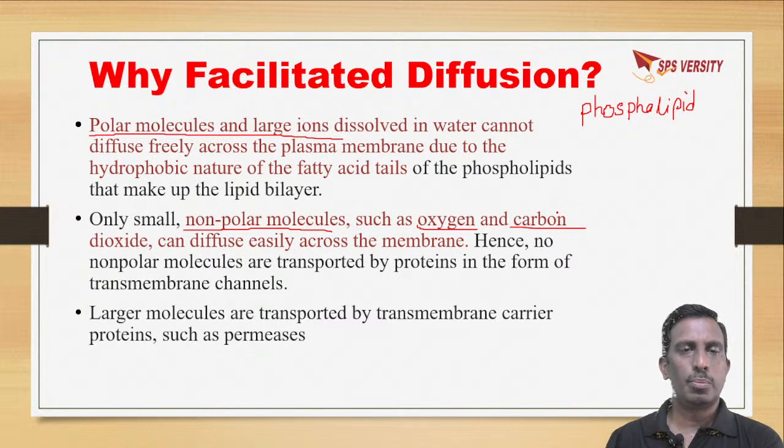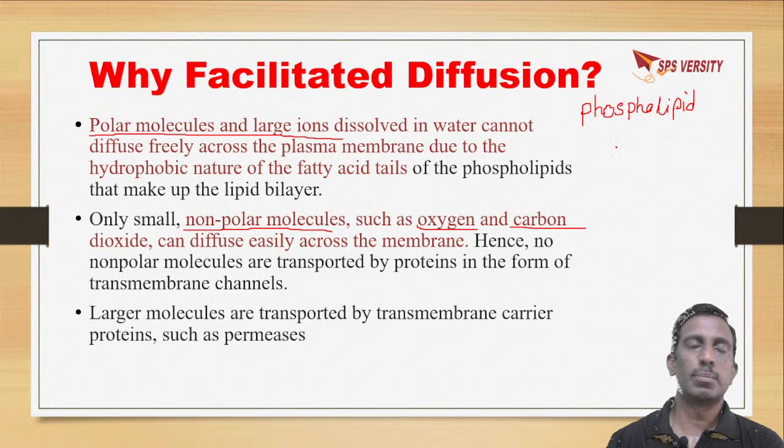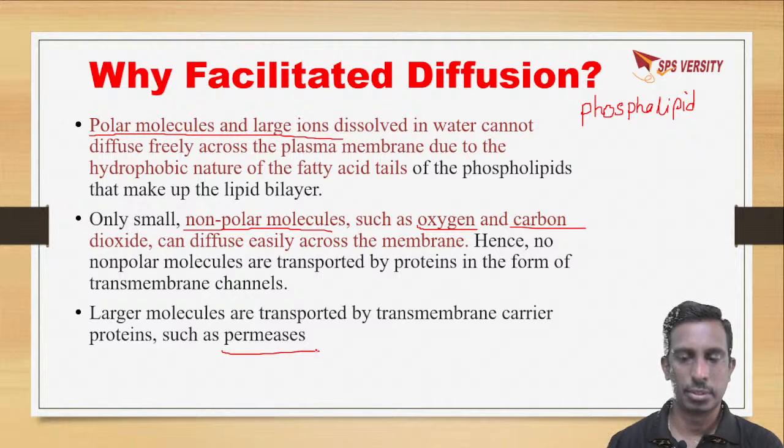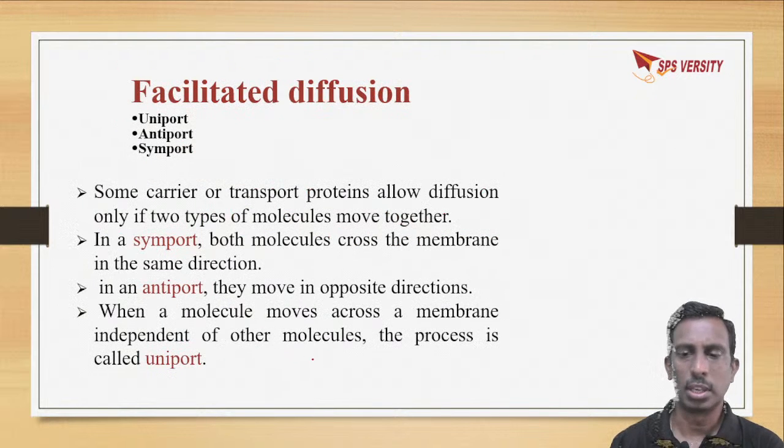So large molecules are transported by transmembrane proteins. Thus these proteins are called permeases. Okay. And in facilitated diffusion there are 3 types: uniport, antiport, symport. Okay.